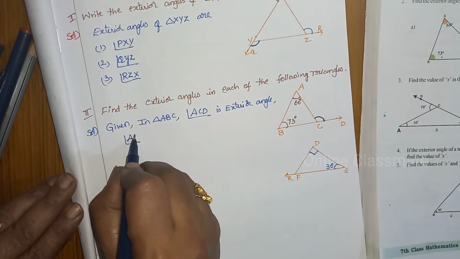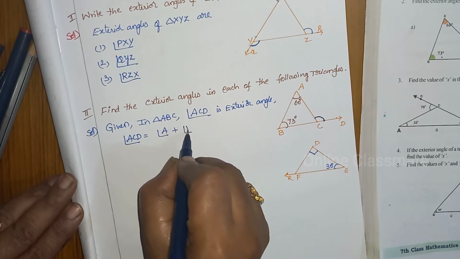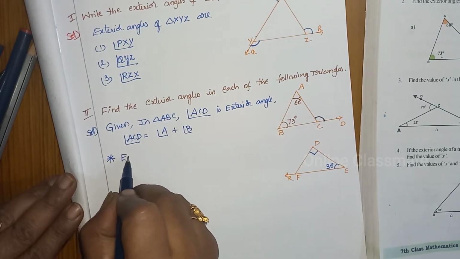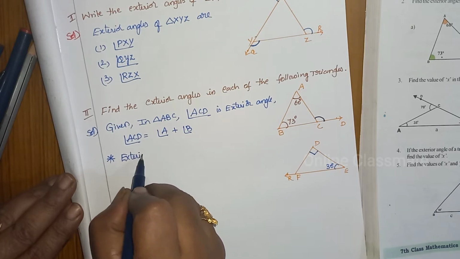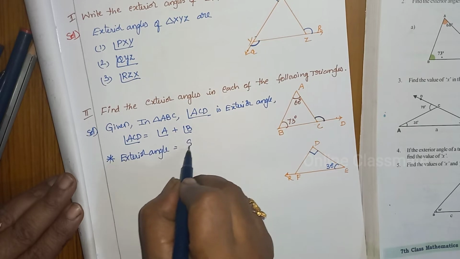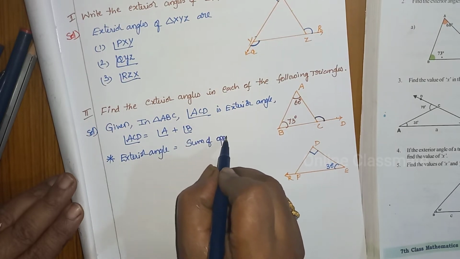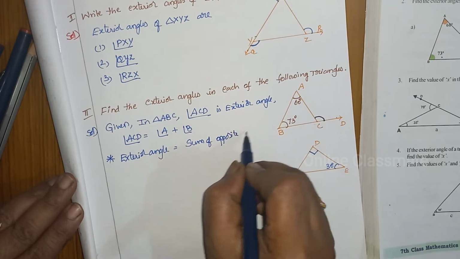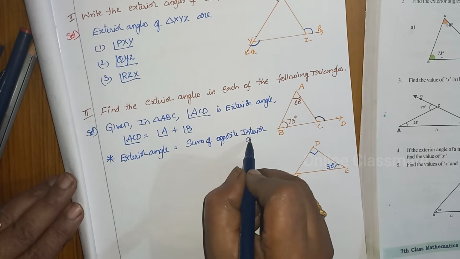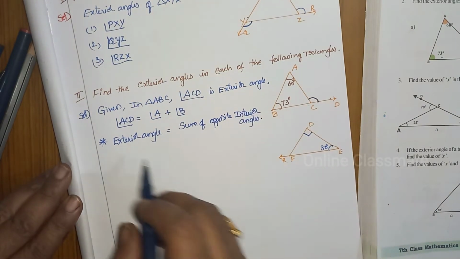Angle ACD is equal to angle A plus angle B. Exterior angle is equal to the sum of opposite interior angles.